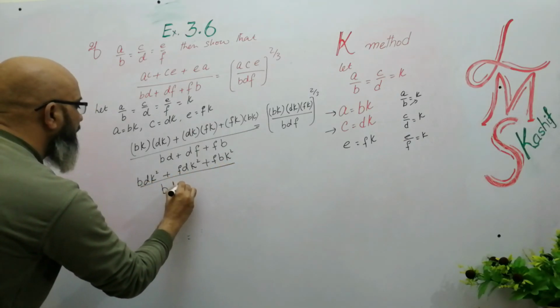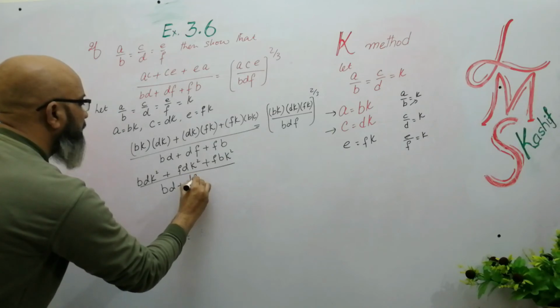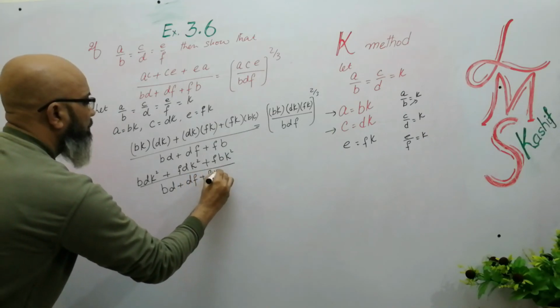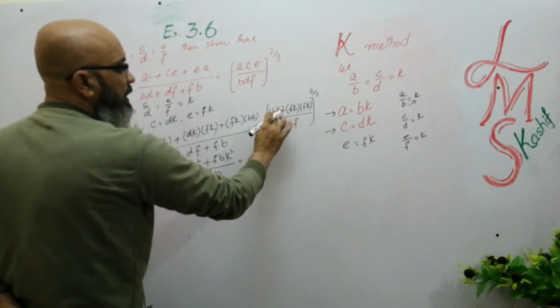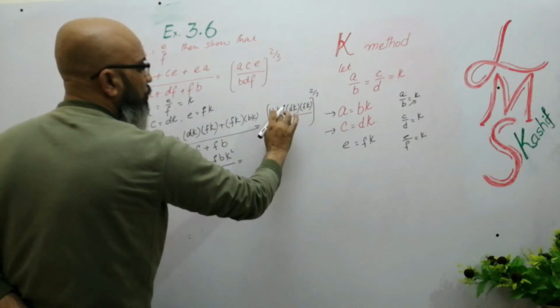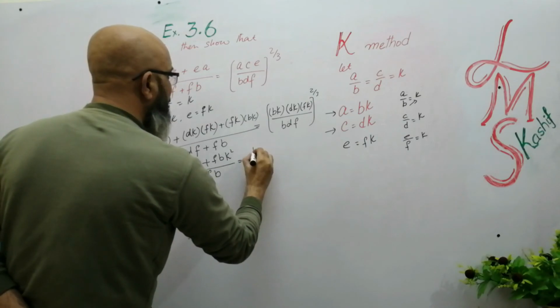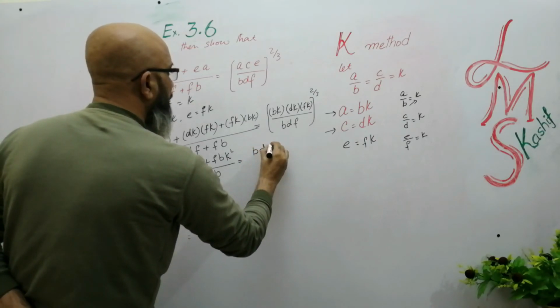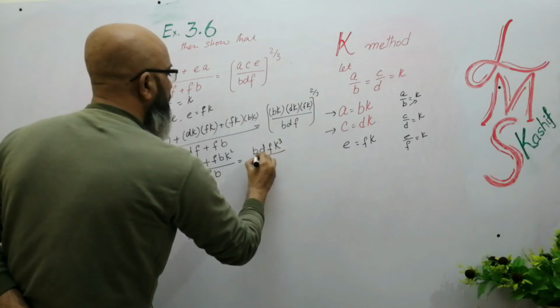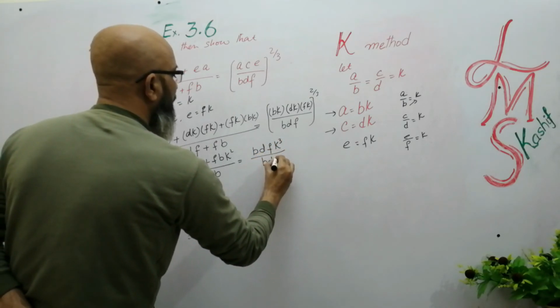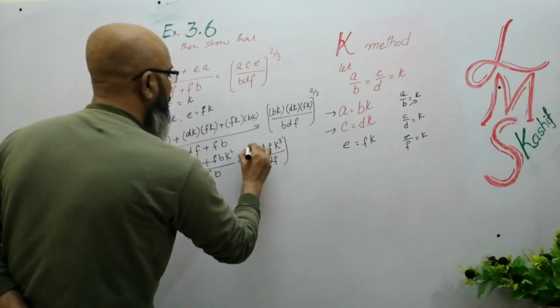Denominators are same, remain the same. So there is no sign, means they are multiplying with each other. We have 3 k's, so we will write bdf k cube over bdf.